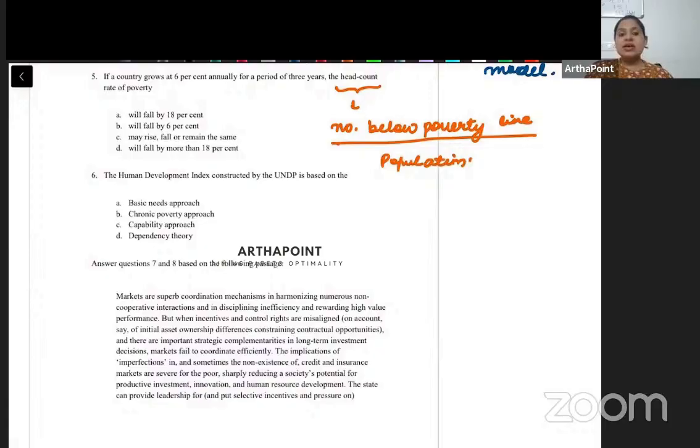Now it says country grows at 6% annually. But we still don't have much information about this. Does it mean that people below poverty line also grow? Does it mean they remain the same? Does it mean they decrease?